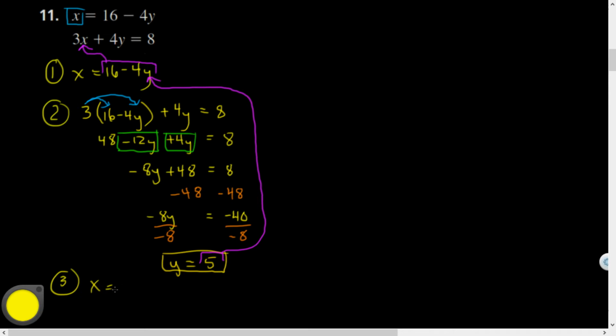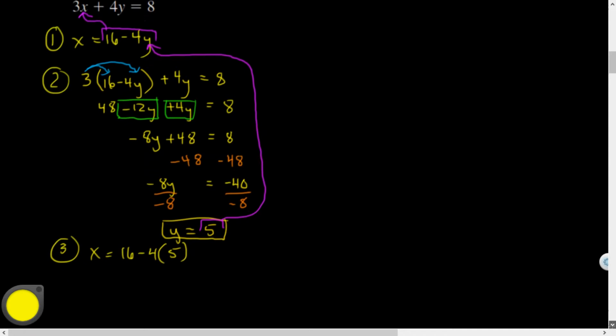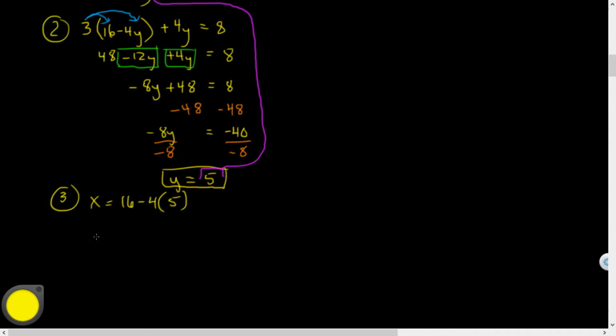So x is equal to 16 minus 4 times 5, like so. And so x equals 16 minus 20, x equals -4. So my solution is the ordered pair -4, 5.